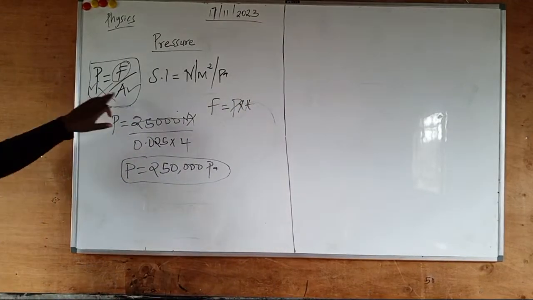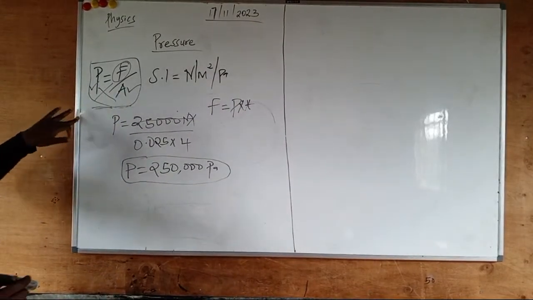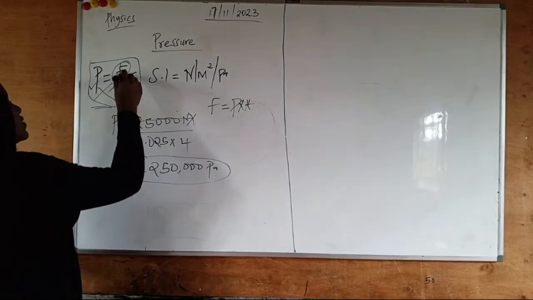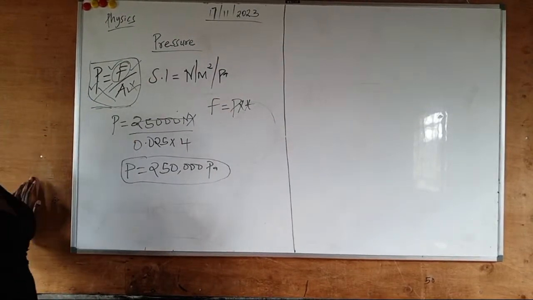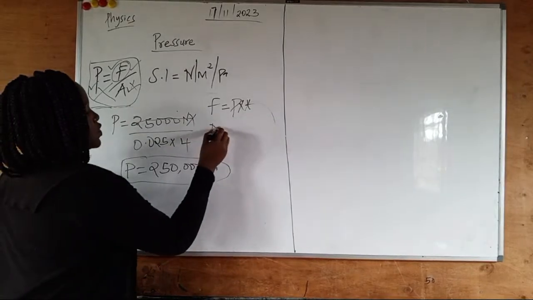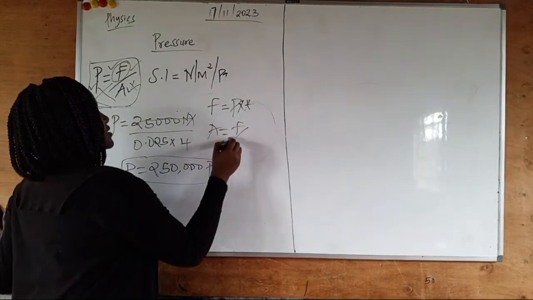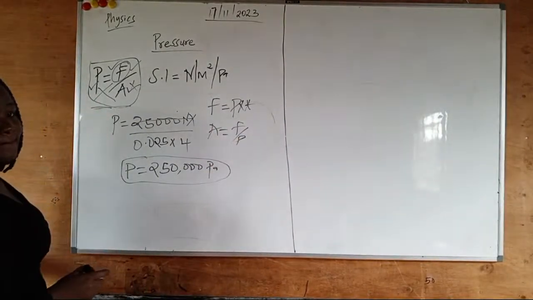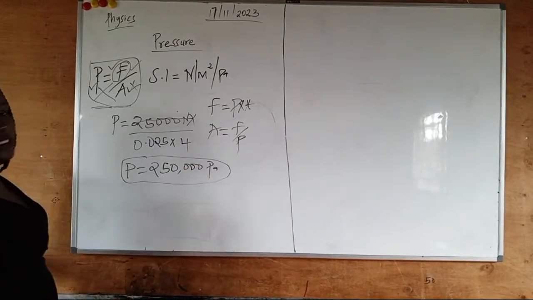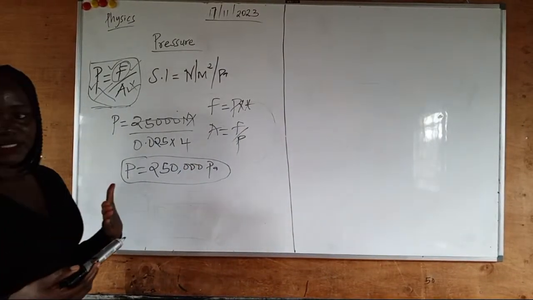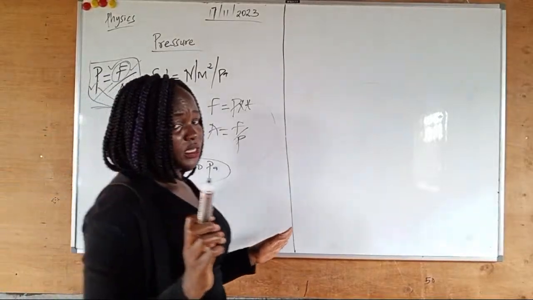What if we did not have the area? The same formula, we have this and this, we don't have this. So what will our area be? Force over pressure, exactly. Do you follow? You just play with the formula itself. As long as you know the formula, you're good.